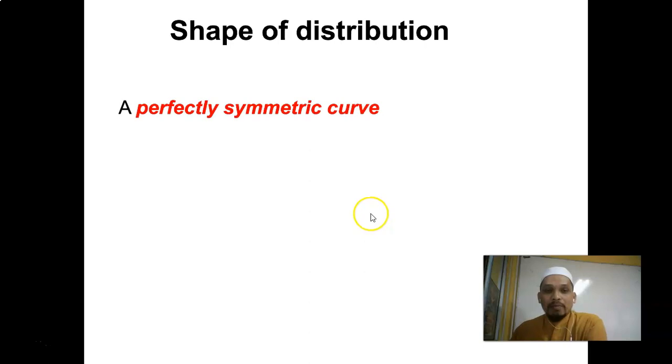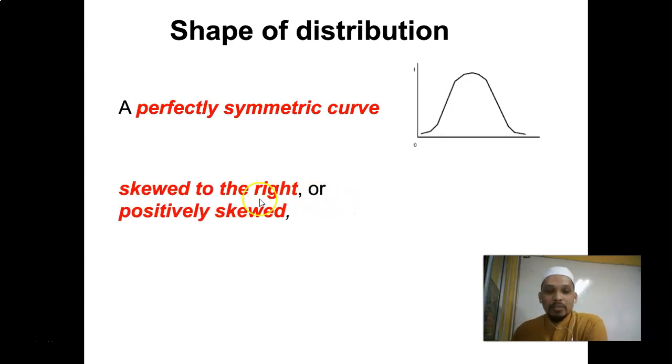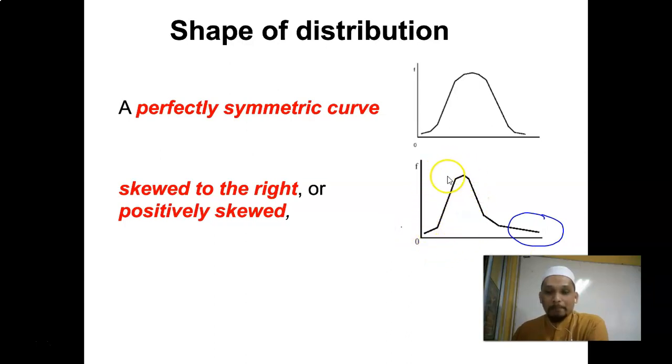So then the shape of distribution: a perfectly symmetrical curve, skewed to the right or positively skewed. Yeah. So positively skewed to the right, and this is the tail, okay, according to the picture here. And most of the data are on the left side. Okay, for this one here, it is balanced, with the middle of the data here.